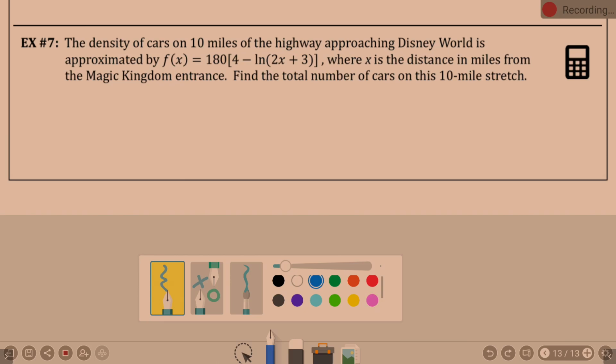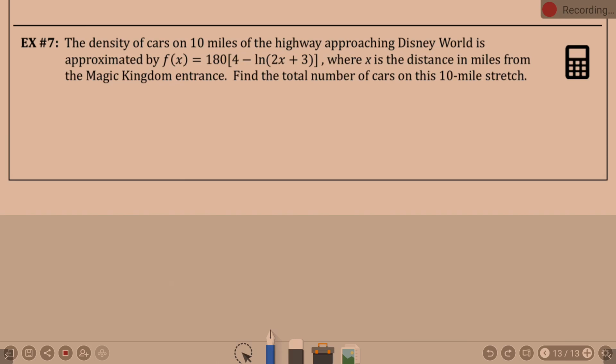Any thoughts of what we're going to do? Keep in mind, we do have our friend, the calculator symbol over here.